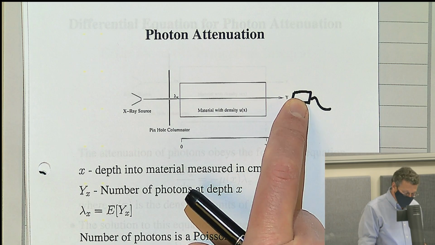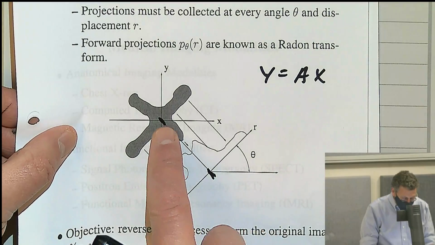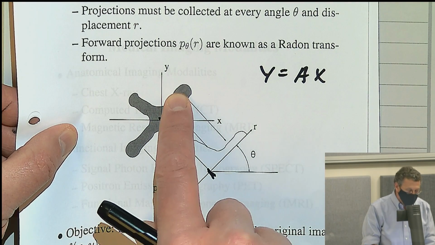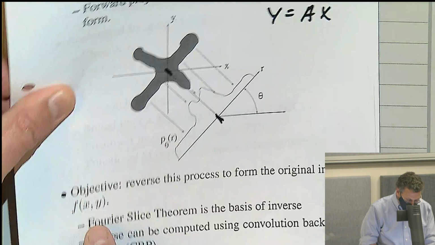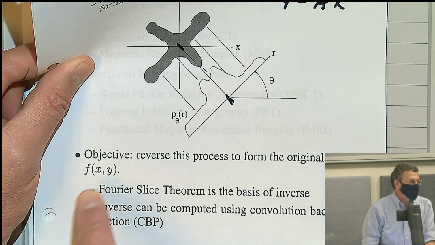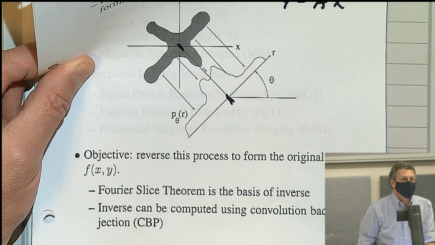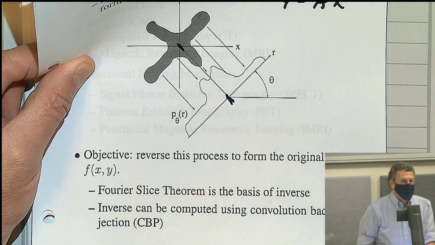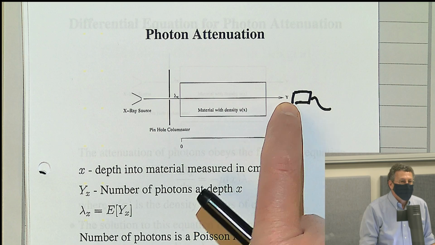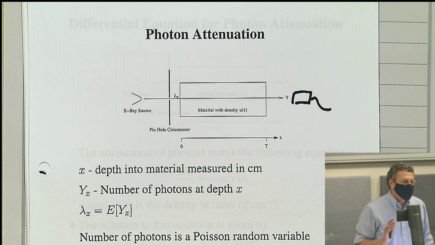Usually what happens when you have a CT scan, this object here, the value of what we're calling f of x,y is the density. So f of x,y gets larger as the material gets denser, right? But here, as the material gets denser, y gets smaller. So they're going in the opposite direction, right?